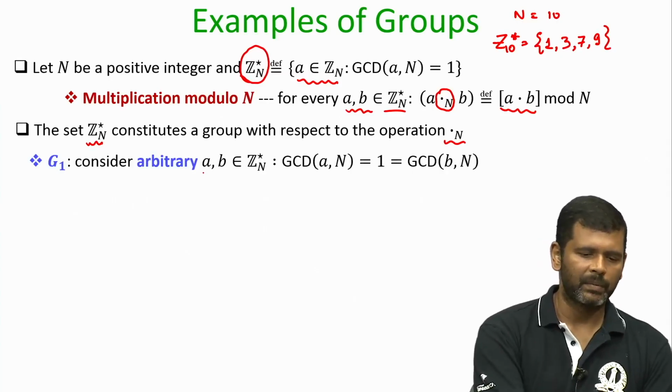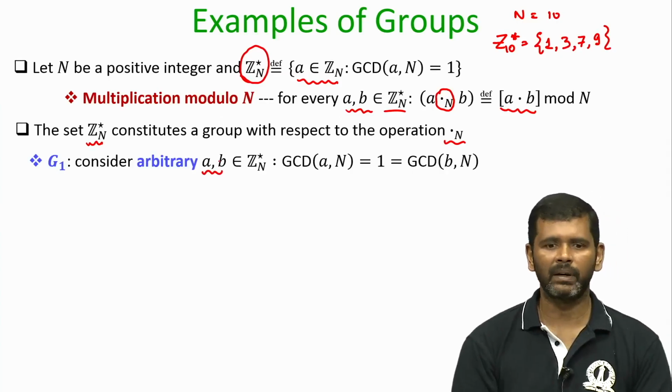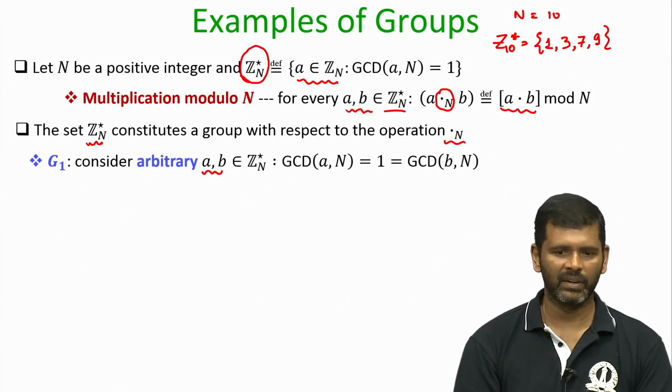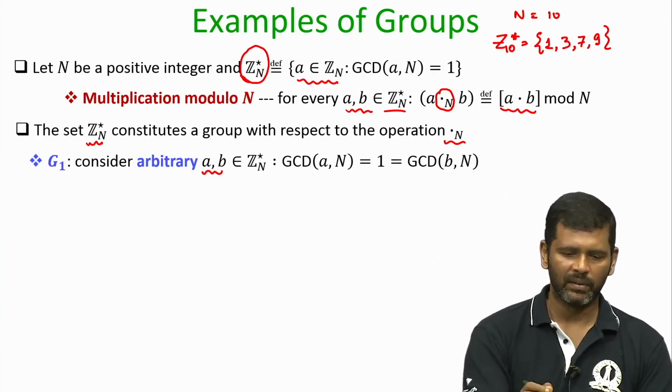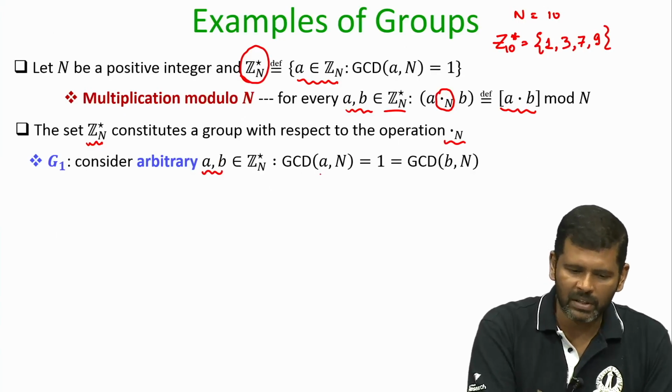So, for closure property I have to prove that you take any pair of integers a, b from the set Z n star, their product modulo n should also be a member of Z n star. So, since a and b are members of Z n star, they are individually co-prime to n.